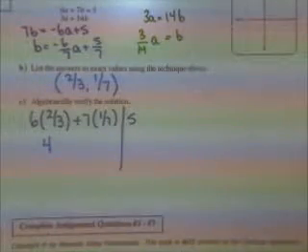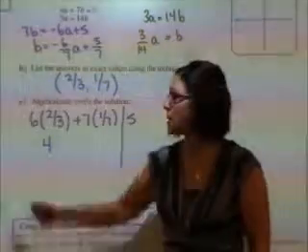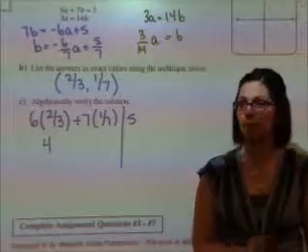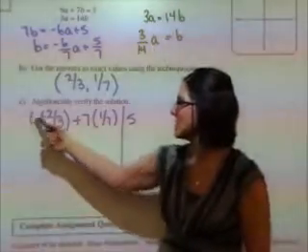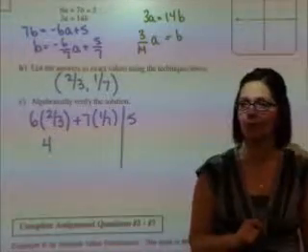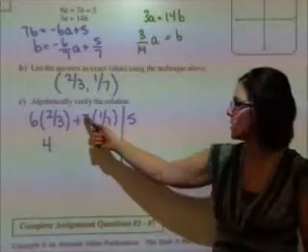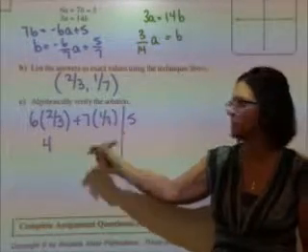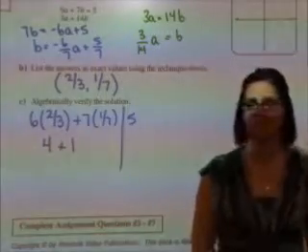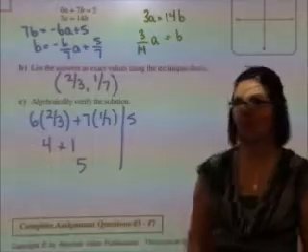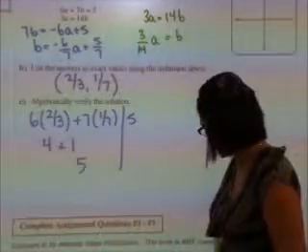Because 6 times 2 is 12, divided by 3 is 4. The other way I can do it, what's 6 divided by 3? And what's 2 times 2? 4. What's 7 divided by 7? What's 1 times 1? What's 4 plus 1? Does that verify it? It does.